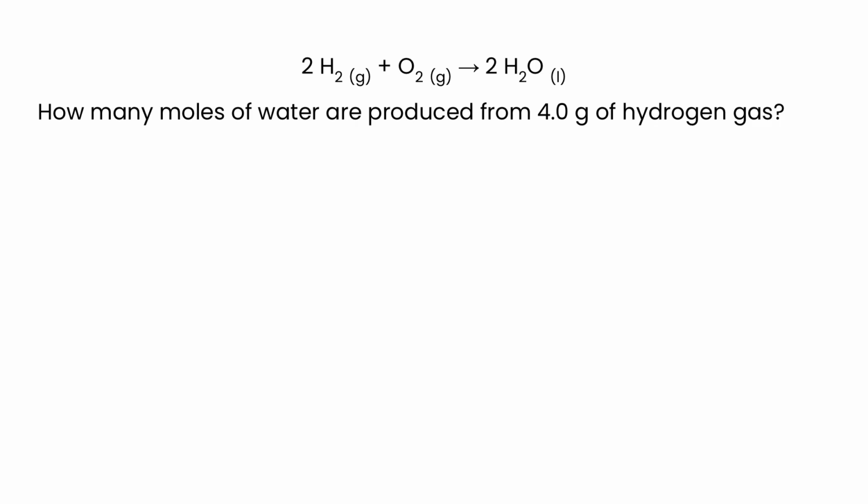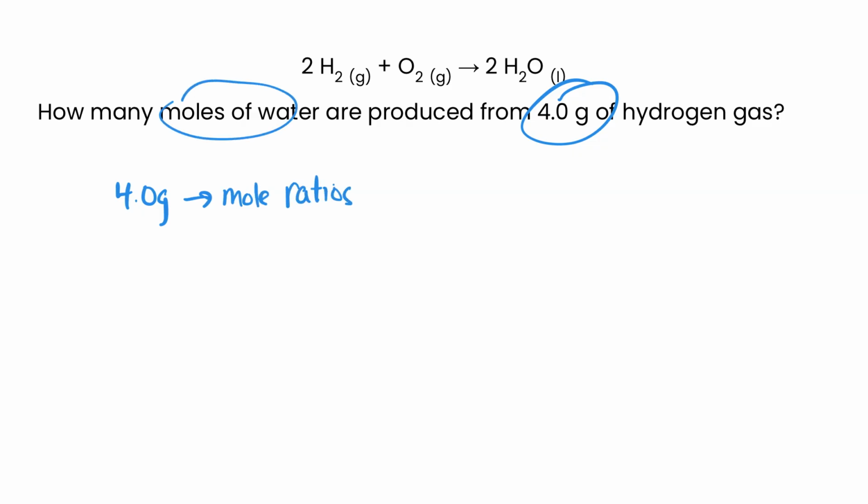So for example, in this problem, we're given 4.0 grams of hydrogen gas. If we just went 4.0 grams straight into the mole ratio to get the moles of water, which is what's being asked for in this question, this is wrong because we've skipped the conversion to moles.